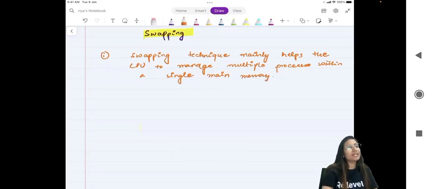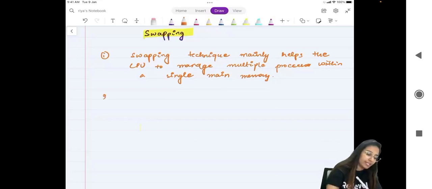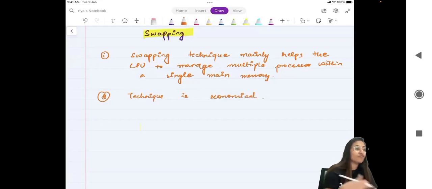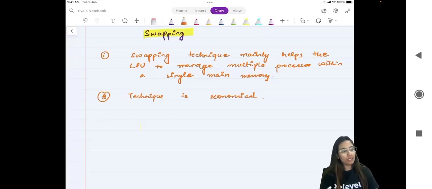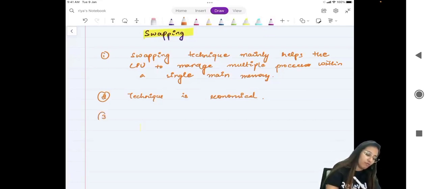Swapping is a very useful technique, and it is economical. It is not a high overhead technique, and the advantages it provides are far more. This technique can easily be applied to priority based scheduling in order to improve its performance.